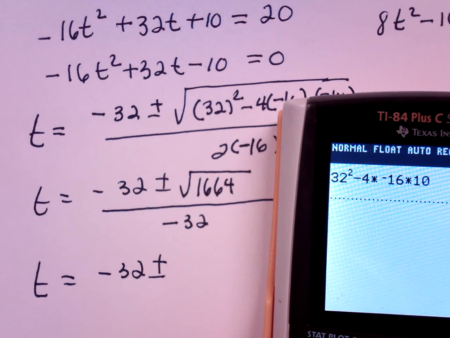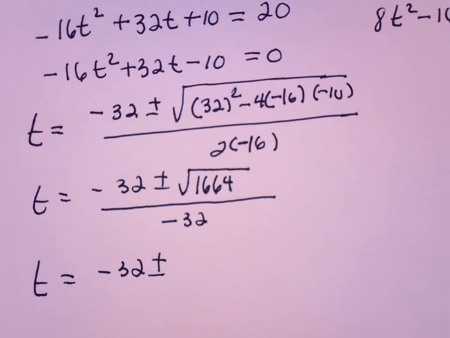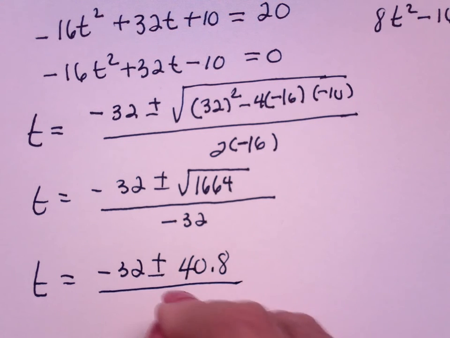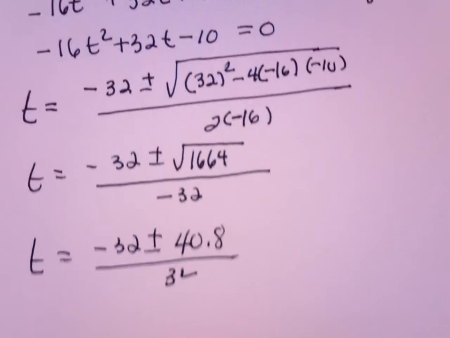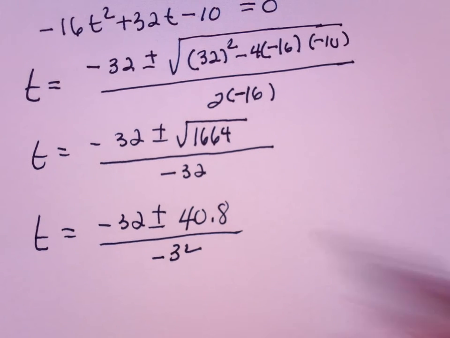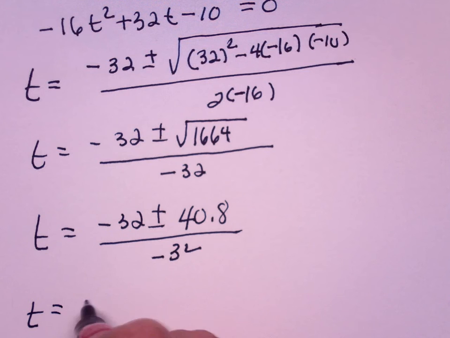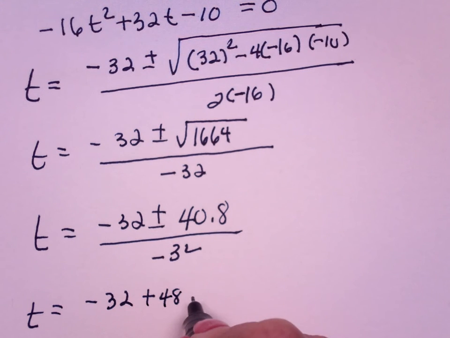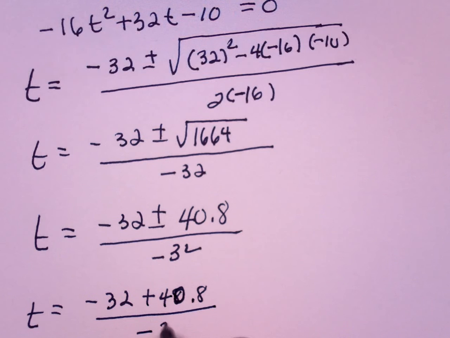That's the hardest thing, is getting all the numbers. So it's 40.8, good enough. And that's a minus 32. So that t is minus 32 plus 40.8 over minus 32. Something's wrong.